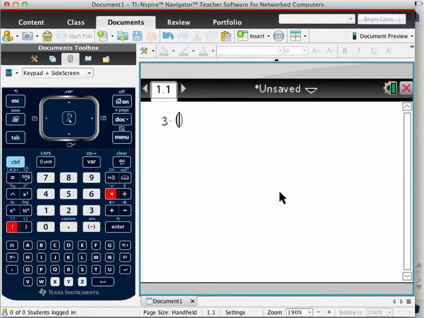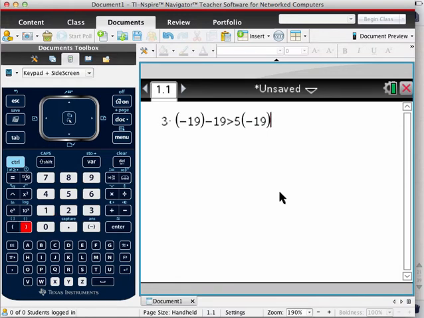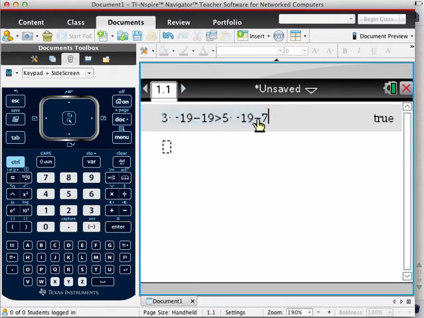So 3 times negative 19 replaces the x. Minus 19 greater than 5x, oh, not x, sorry, 5 times negative 19 minus 7. True. So the TI Inspire is telling me that this is a true statement when negative 19 replaces the x.